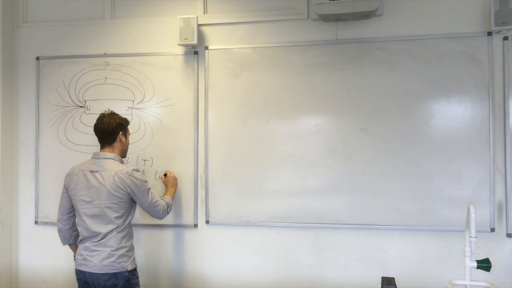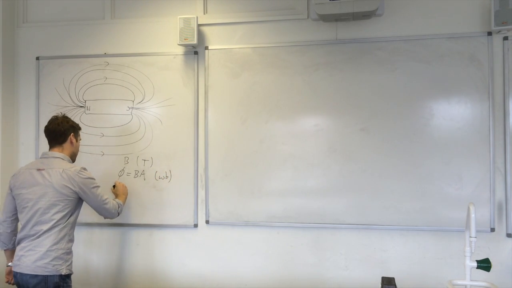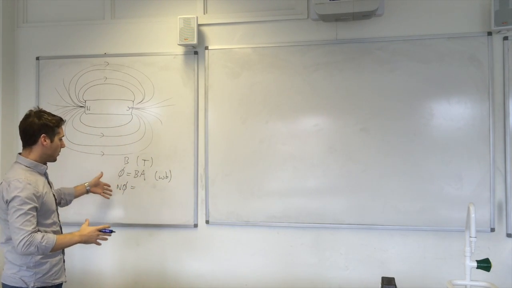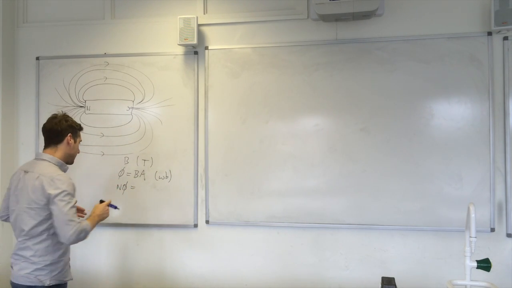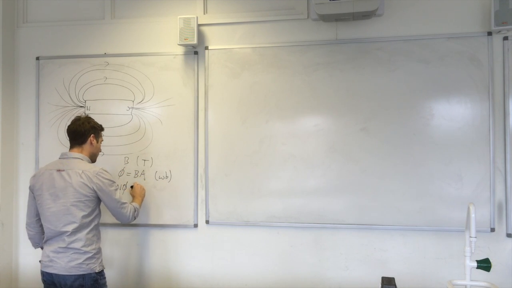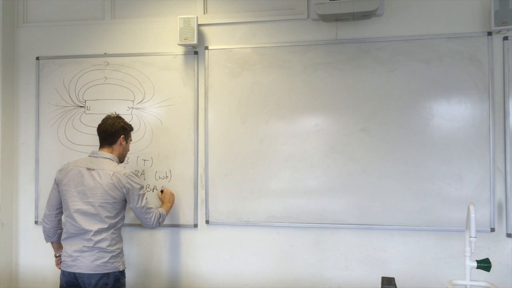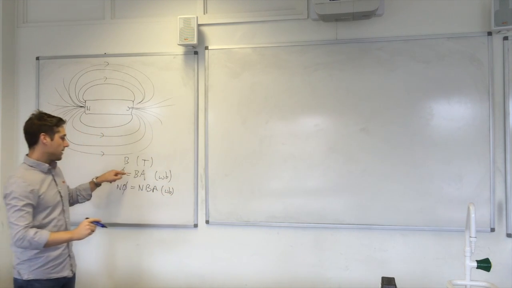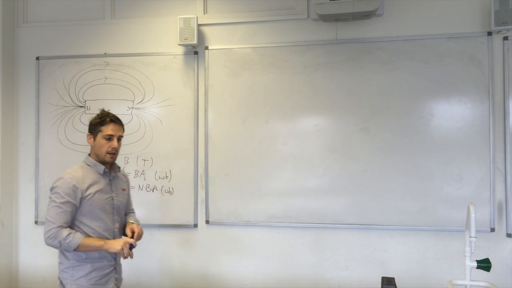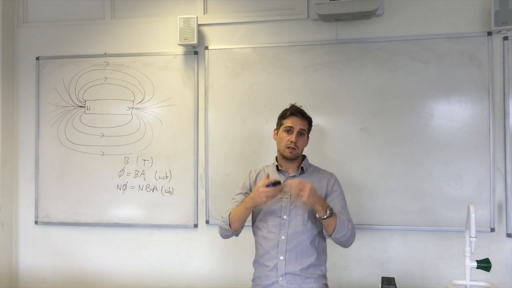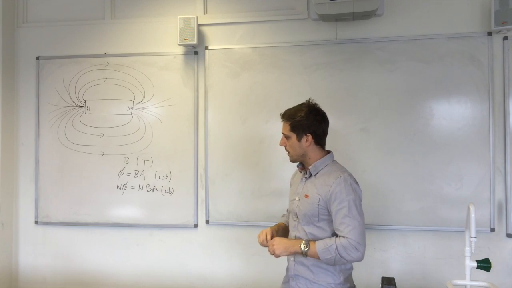That is unit Weber, and then you have N phi, that's flux linkage. This is where you have a coil, and this is the flux through that coil multiplied by the number of turns. And because you're just multiplying the flux by a number of turns, there's no unit associated with the number of turns, so they both have the same unit.